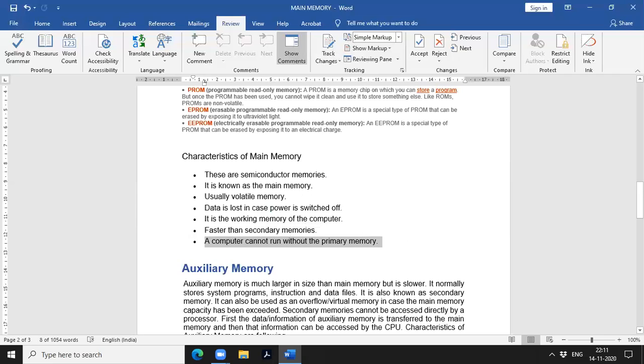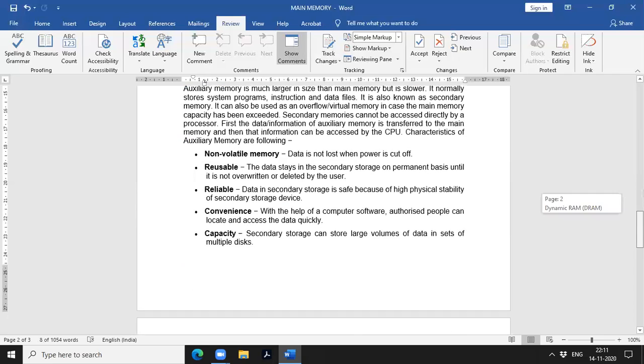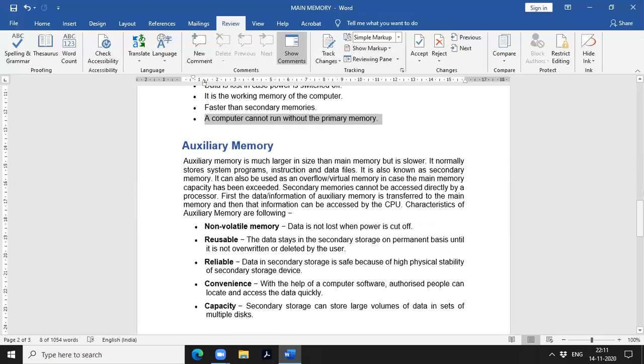Next we will see about auxiliary memory. As we know, auxiliary memory includes floppy disk, optical disk, or hard drive. These are all non-volatile memory, even when the power is cut off.